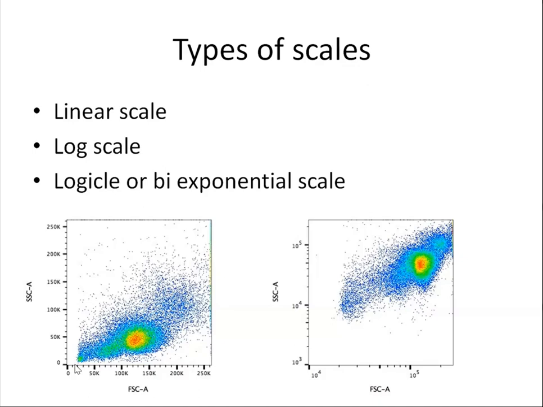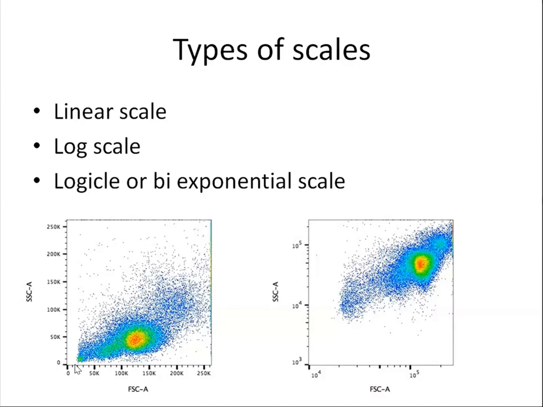That's a smaller range, and you can easily show that in forward scatter. For example, you can put graduations of 0, 20, 40, 60, 80, 100, and cover the entire populations within that. So that is a linear scale, used if you want to show a parameter which does not have a very wide range.